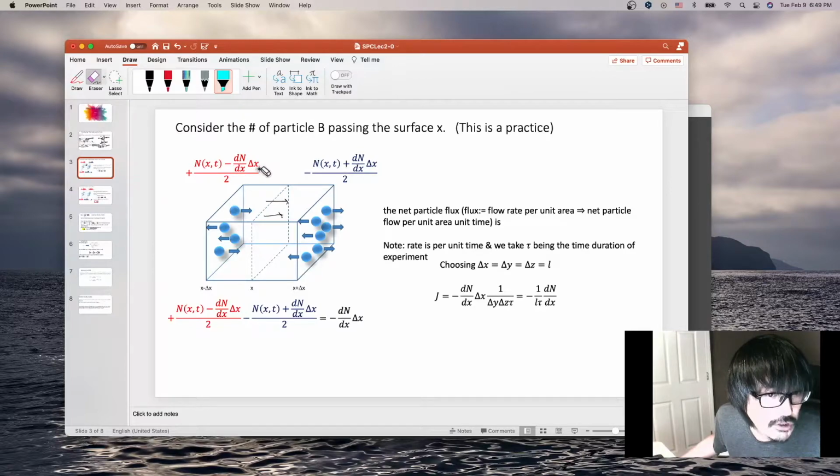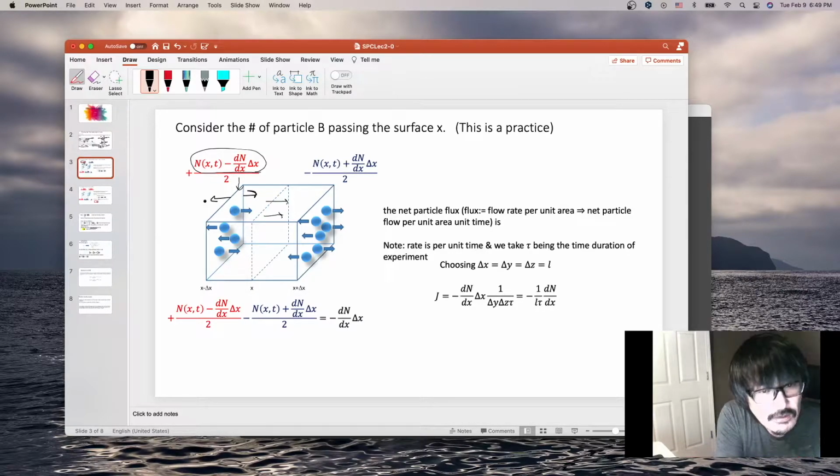So that portion right here represents the number of particles on this surface. And then of those, half of them are going to the right, half going to the left, right? Because there are no special directions here. So you have this 2 here.